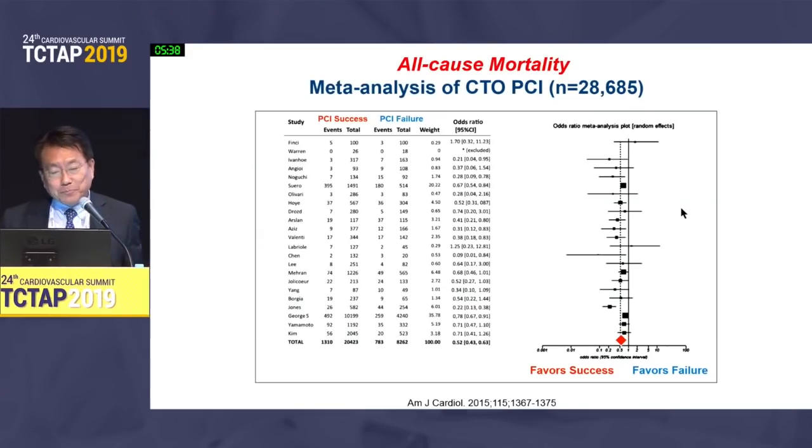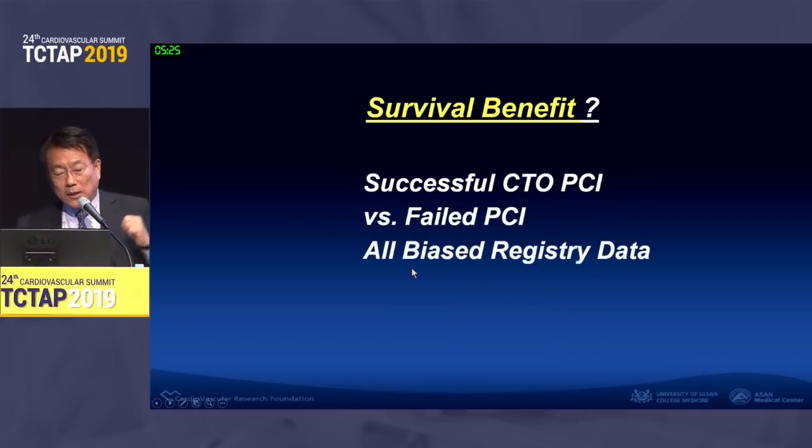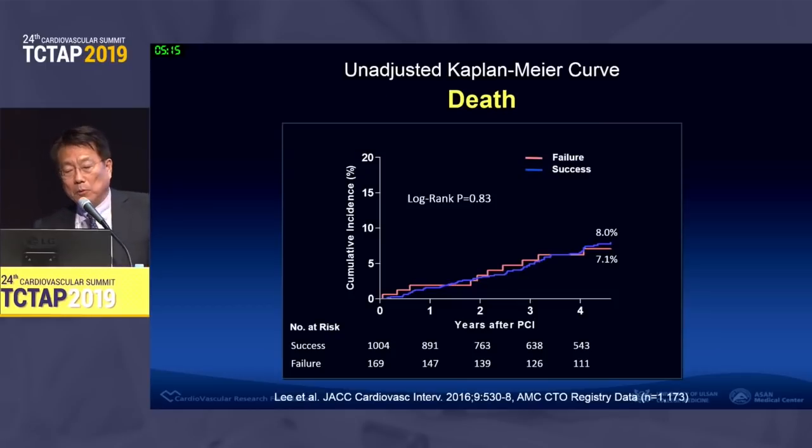Survival benefit, using some data, all-cause mortality meta-analysis clearly shows that successful CTO PCI gives better survival. But I would say these are all biased registry data. Look at this. You have this EuroCTO, a very limited randomized study, which clearly cannot show any survival benefit.